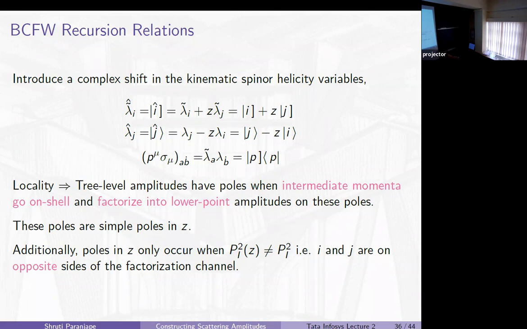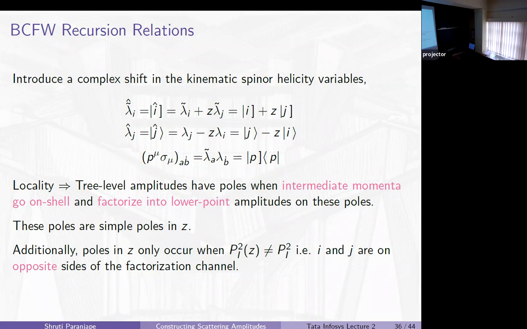Then Qi and Qj will be given by some combination of these spinors. There's a way to write this in terms of the momenta and not the spinors. Is there a quadratic Z squared piece? No. If I look at the Pi momentum, it will be square i with angle i, and angle i is not shifted. So it's just a linear shift.